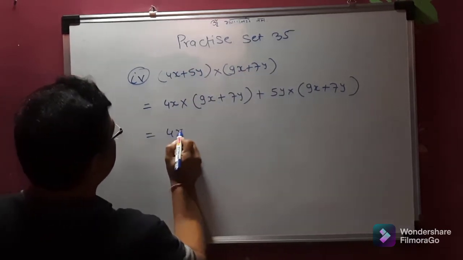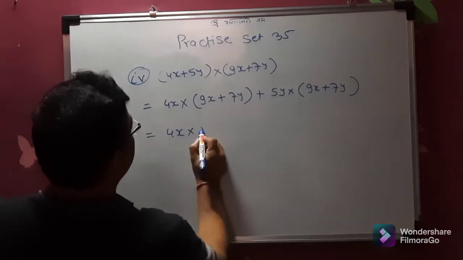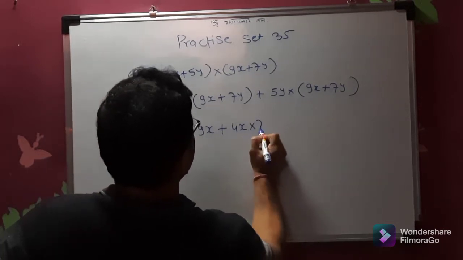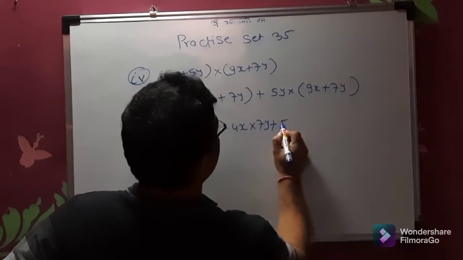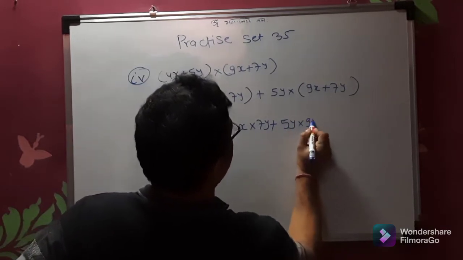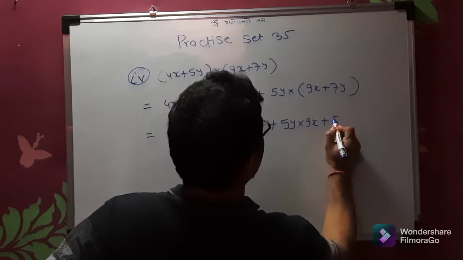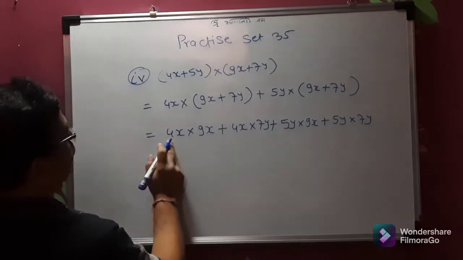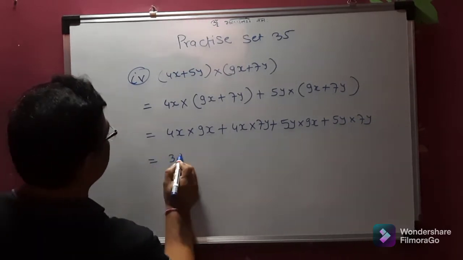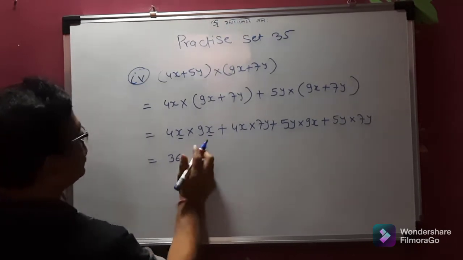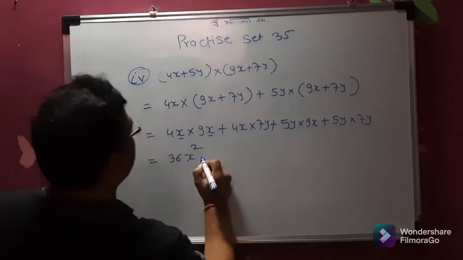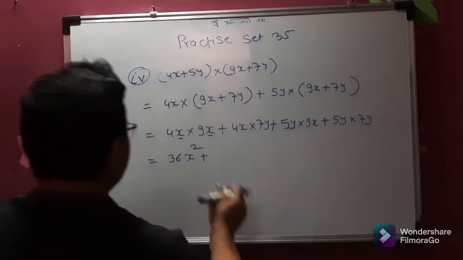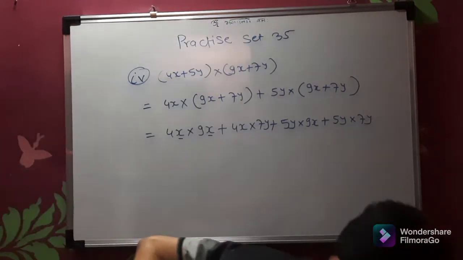Now here, 4x into, we are opening this bracket, 9x plus 4x into 7y plus this 5y into 9x plus 5y into 7y. So I will do one thing: I will add one more step here, so it will be a little bit easier for all of you.